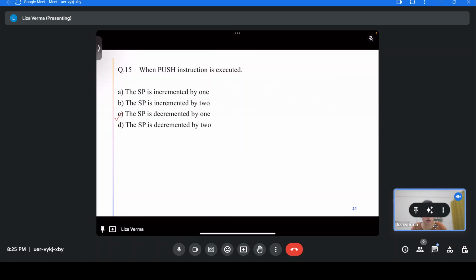Where will the PC point to? 0000H, right? Then we have discussed read and write. They are used for external RAM and PSEN.